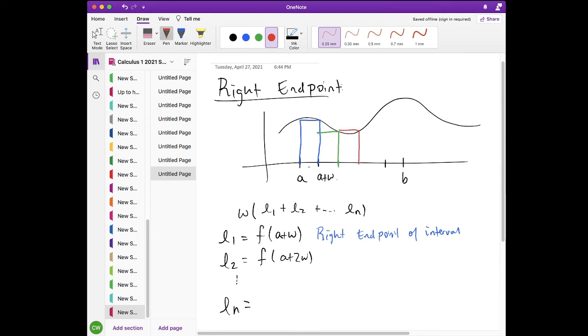I honestly like to start with b first when I do the right endpoint approximation, just because it's easier to start from the right. So this last one, I'm going to start from b and go up and then go over. Just f of b, not b minus w.